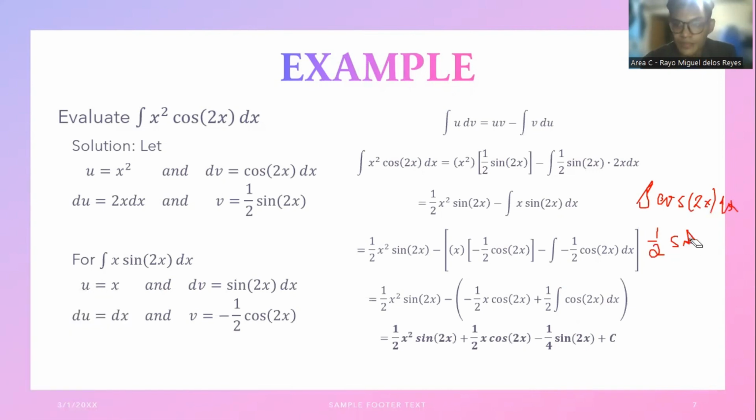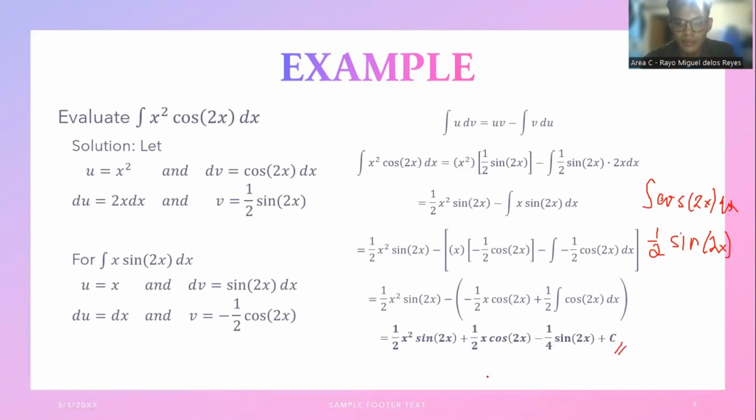Ayusin natin para mas lalo natin siya maintindihan. Yan, so integral ng sine 2x. Then tinimes lang natin siya sa 1/2 kaya naging 1/4 siya. And so ito na yung answer natin.